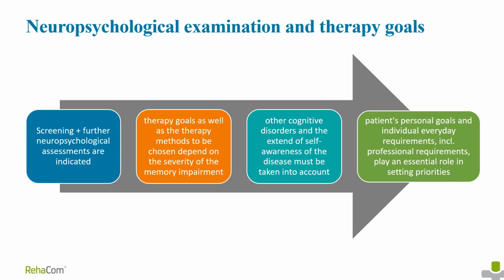The therapy goals as well as the therapy methods to be chosen depend on the severity of the memory impairment. In addition, other cognitive disorders and, of course, the extent of self-awareness of the disease must be taken into account. In addition, the patient's personal goals and individual everyday requirements, including the professional requirements, play an essential role in setting priorities.